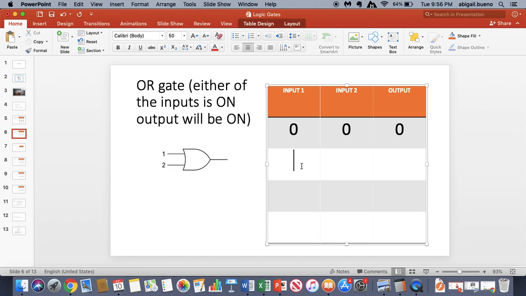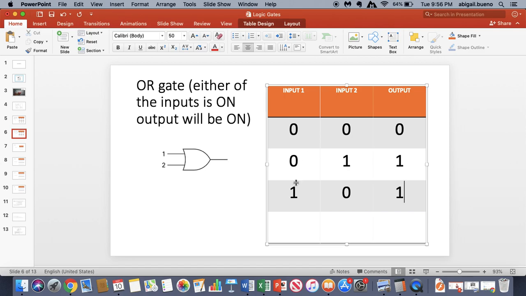What if input 1 is 0, input 2 is 1? What will be the output? The output will be 1 because one of the inputs is 1. If input 1 is 1, input 2 is 0, output will also be 1.